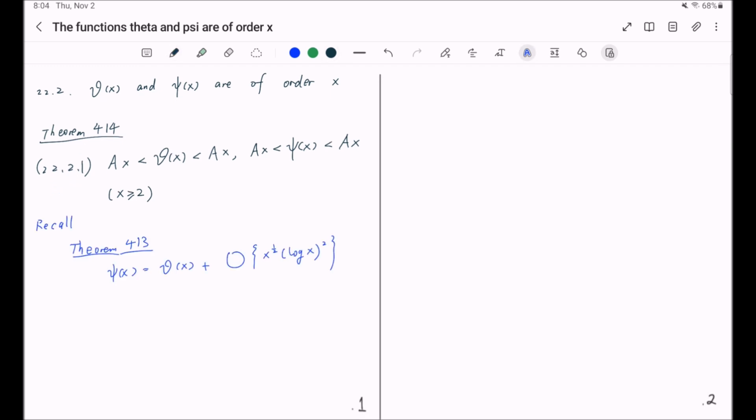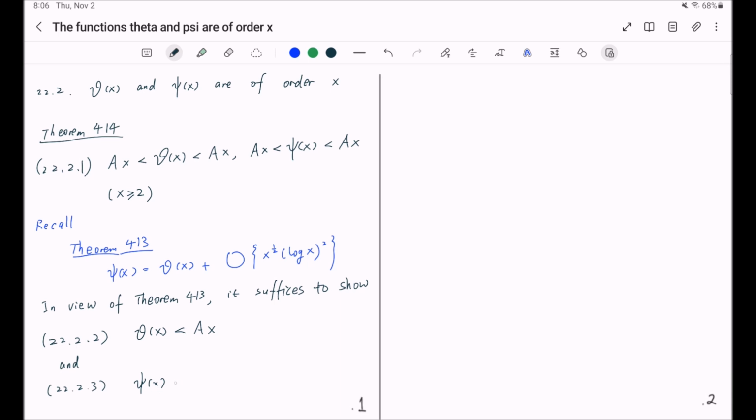Now recall, from the previous section of the video series, we established the following relation between psi of x and theta of x. Therefore, in view of the theorem for 13, this suffices to show theta of x has an upper bound that is a multiple of x, and psi of x has a lower bound that is also a multiple of x.